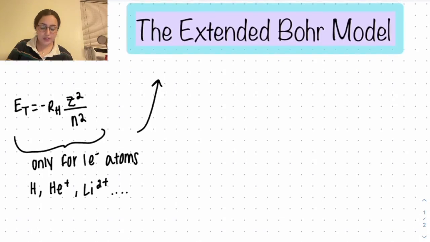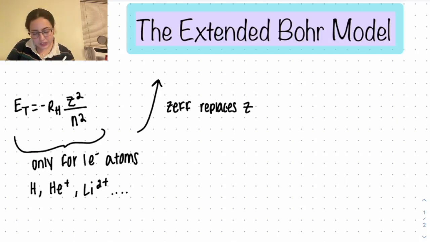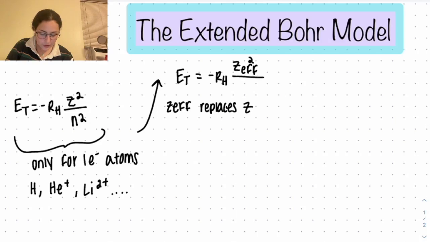And in this, Z effective, which is the nuclear charge the electron really feels, replaces Z. So our equation turns into E total equals negative RH Z effective squared over N squared.